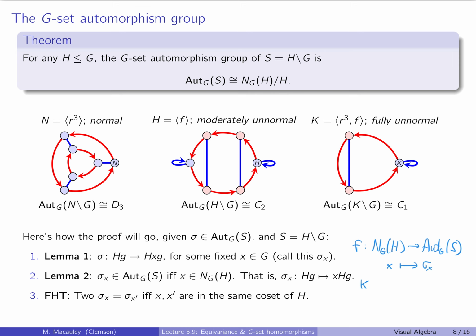We will show that the kernel of F is equal to H. In other words, two things are the same if and only if their elements are in the same coset of H. And then our theorem will follow immediately by the fundamental homomorphism theorem. Isn't that neat?